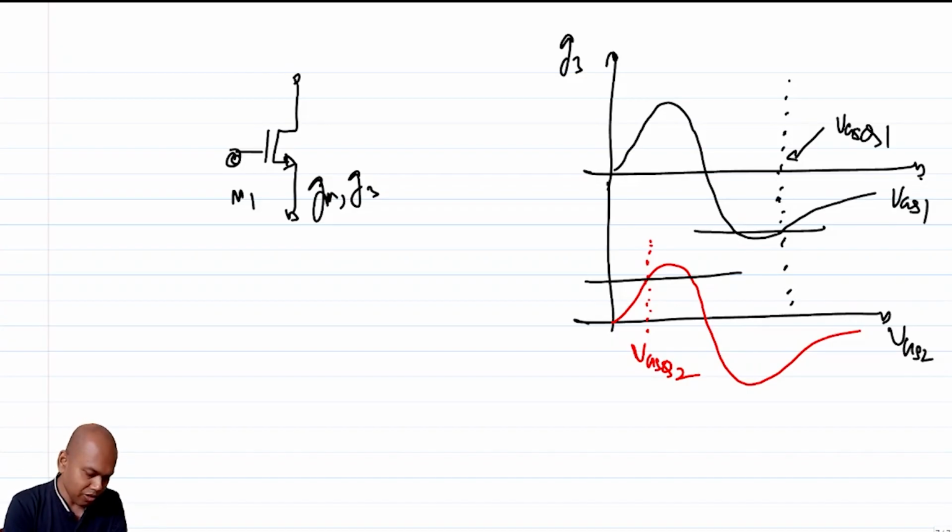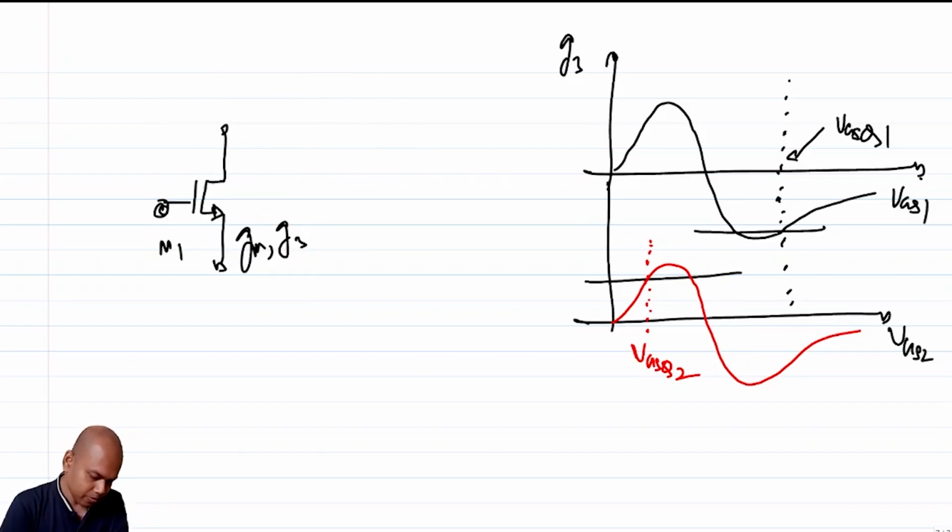So how would you go about biasing this scheme? Let's say this is M1, which has the dominant GM, GM large, and G3 negative.